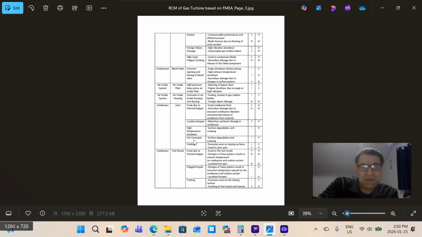Another failure mode for the liner is hot corrosion, surface degradation and cracking, and again high probability of unmitigated. Fretting damage, excessive wear on the mating surface, cracking in the joint area.